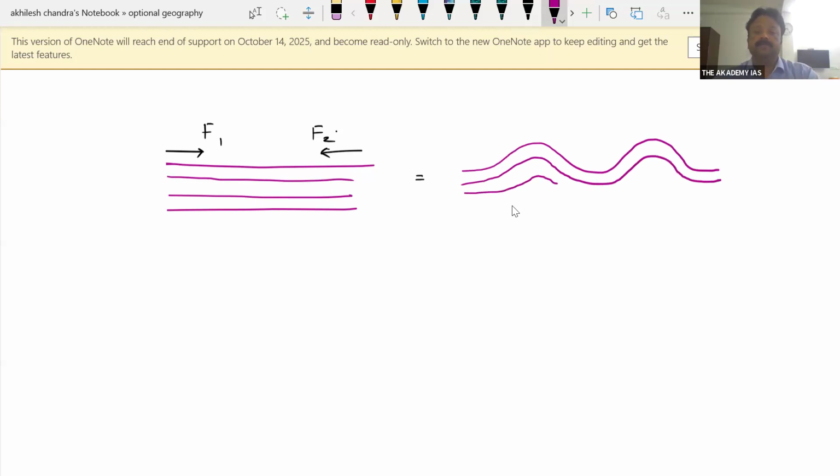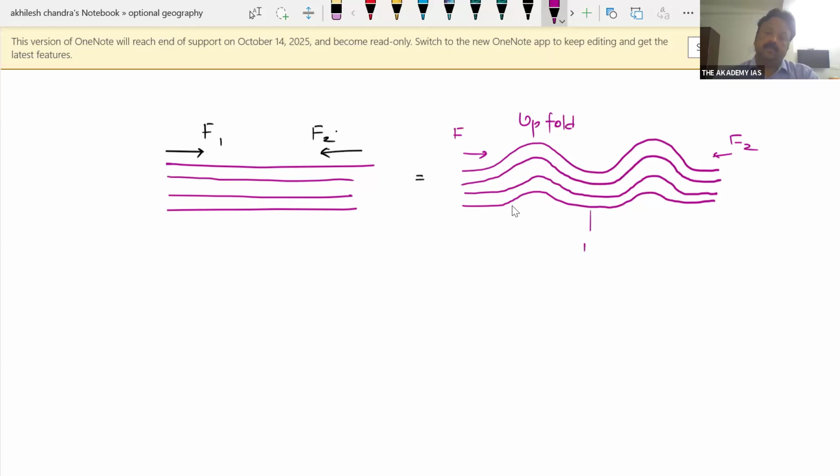Anticline and syncline. So both the forces are acting like this, F1 and F2. Here this is the upfold, and here it is the downfold.